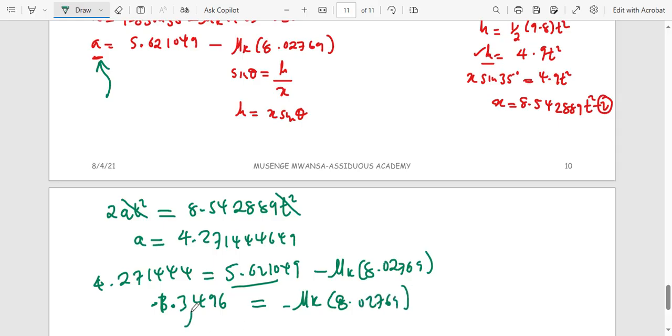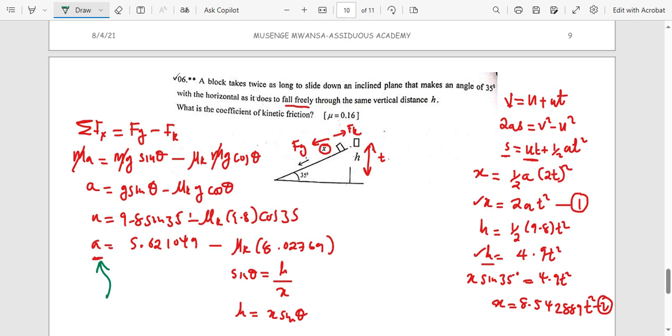To remain with mu k, I'll divide both sides by negative 8.02769. So that has given me mu k being 0.168. Let's confirm that, 0.168. So you can see that's the one there. So that is how you get to work out these questions.